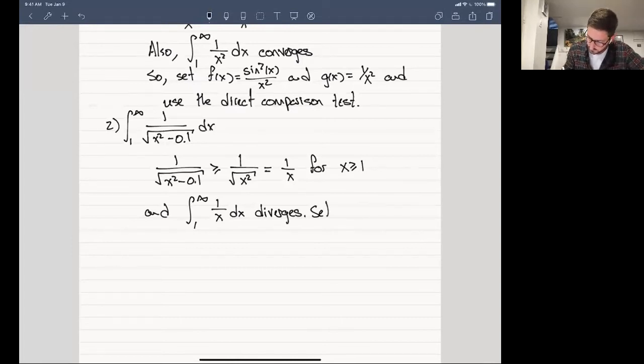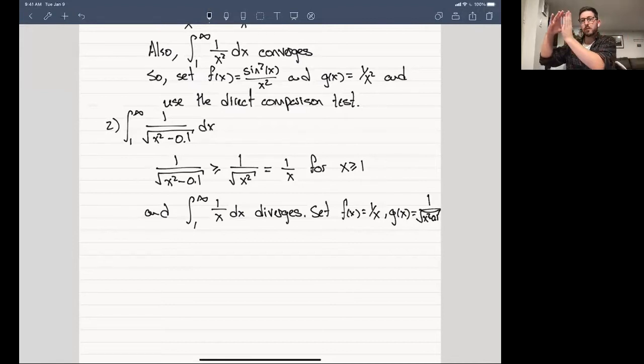So set f of x equal to 1 over x and g of x equal to 1 over the square root of x squared minus 0.1. But f of x is smaller than or equal to g of x. f of x is pushing us up to infinity, and that tells us that g of x is being pushed to infinity with us. So this diverges.